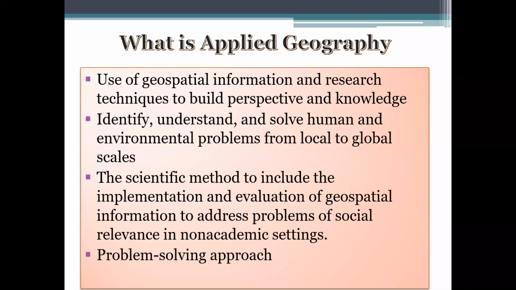What are the key areas we need to consider in applied geography? That is the fundamental question. Assume I ask this question from you in the exam. What would be the answer? What is your answer for that question? Please tell me.